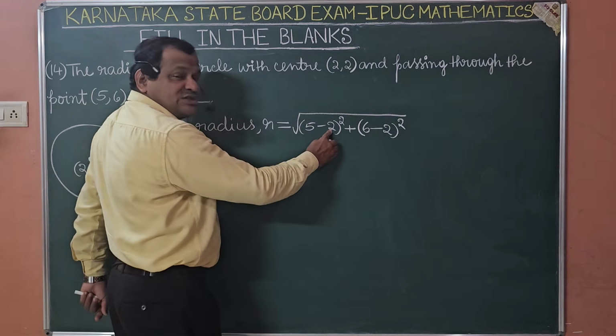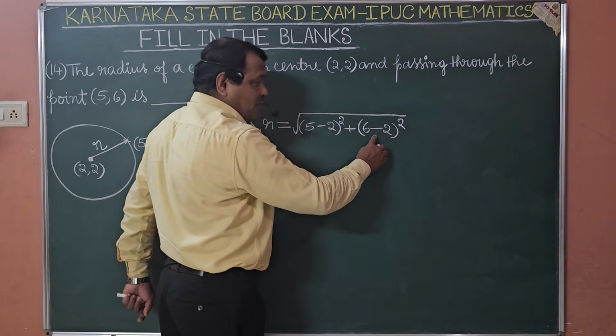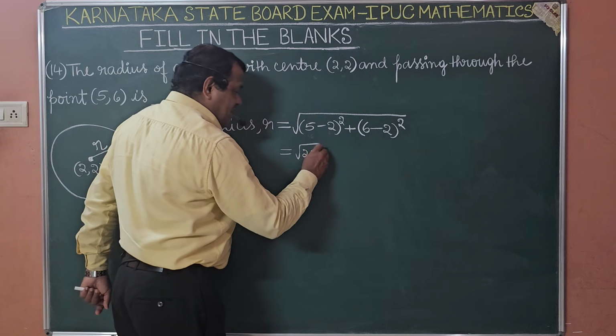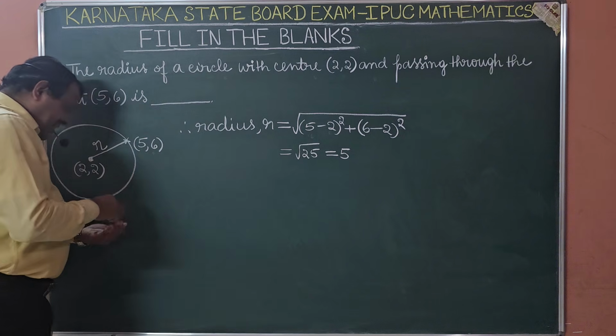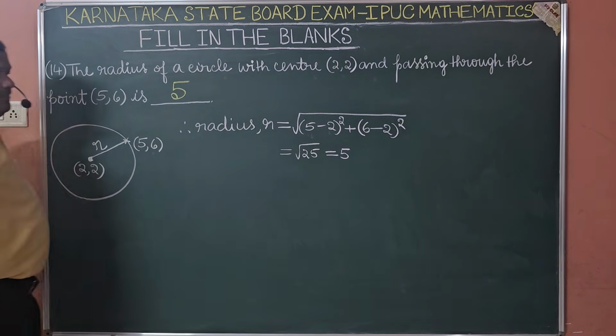Hence it is 5 minus 2, 3 square 9. 6 minus 2, 4 square 16. So the square root of 9 plus 16, 25. Therefore the answer is 5. So in this fill in the blank I will write radius is 5.